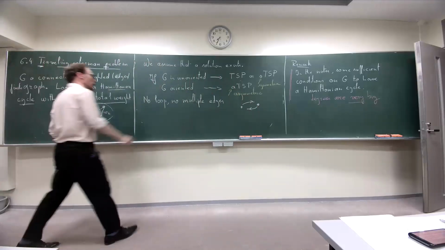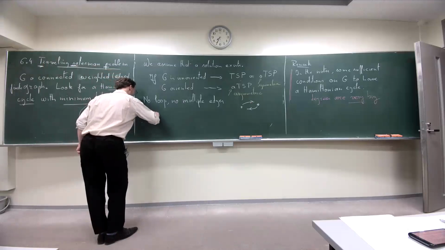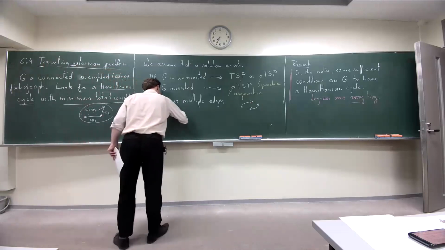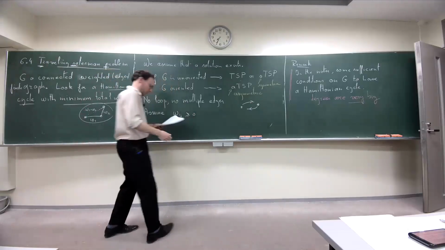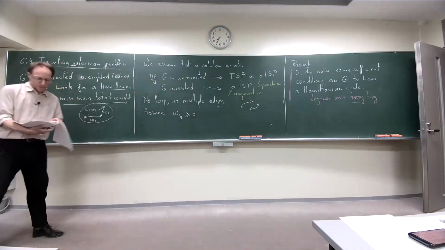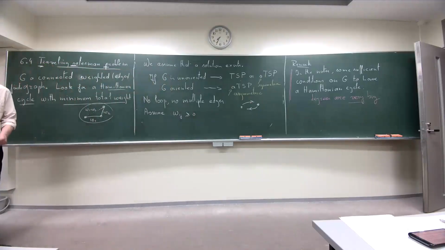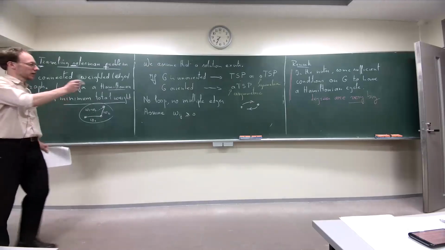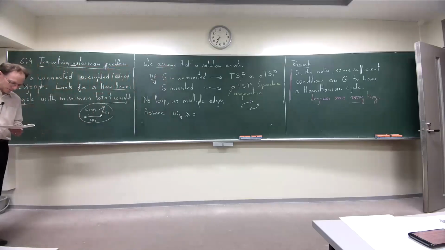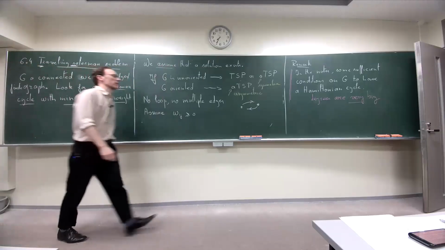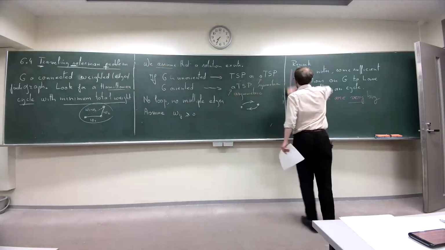And we will assume, again, the weights w_ij are bigger or equal to 0. If you put negative numbers, it's more complicated. And as I said, we assume that there is a solution. So this is the setting of the problem.